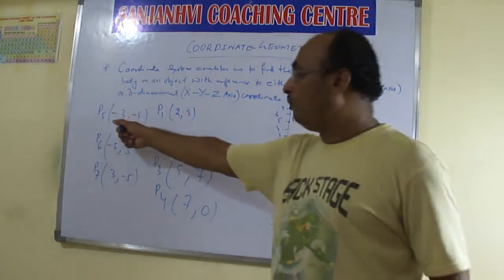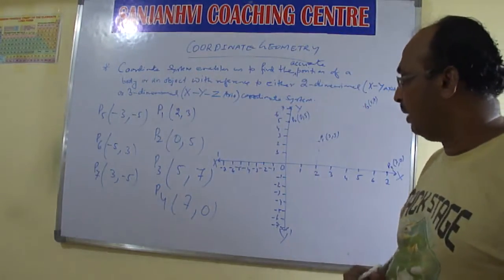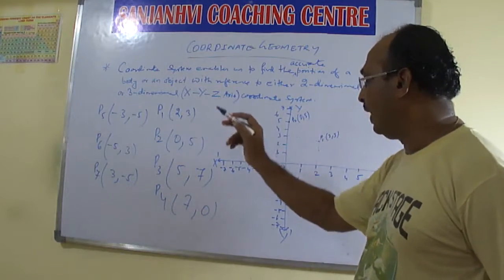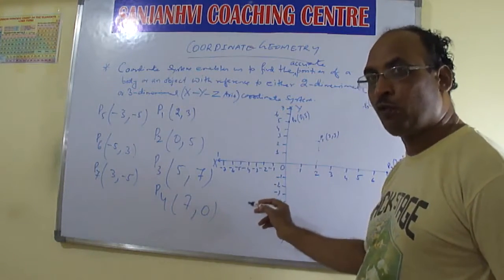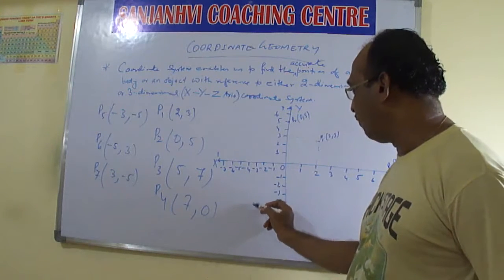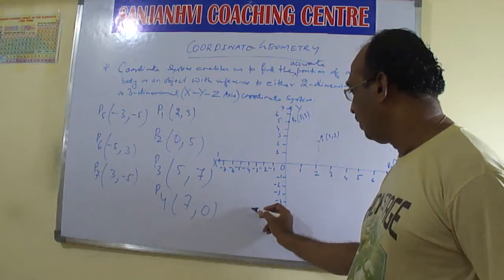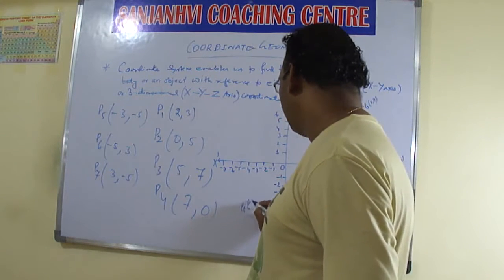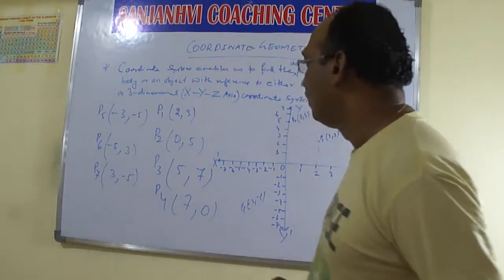Now P5 (-3, -5). So -3 is this one, and -5 means it will go to the third quadrant. So (-3, -5) is somewhere here. This becomes P5.